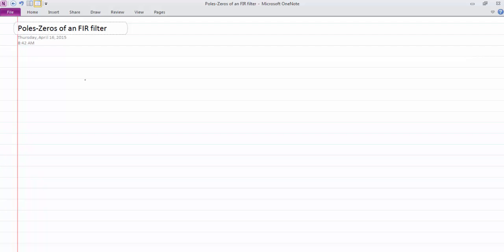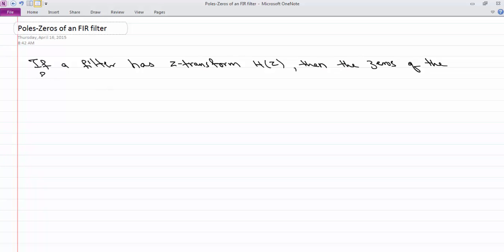So I want to remind you that if a filter has Z transform, let's say H of Z, then the zeros of the filter correspond to values of Z for which H of Z is identically equal to 0.